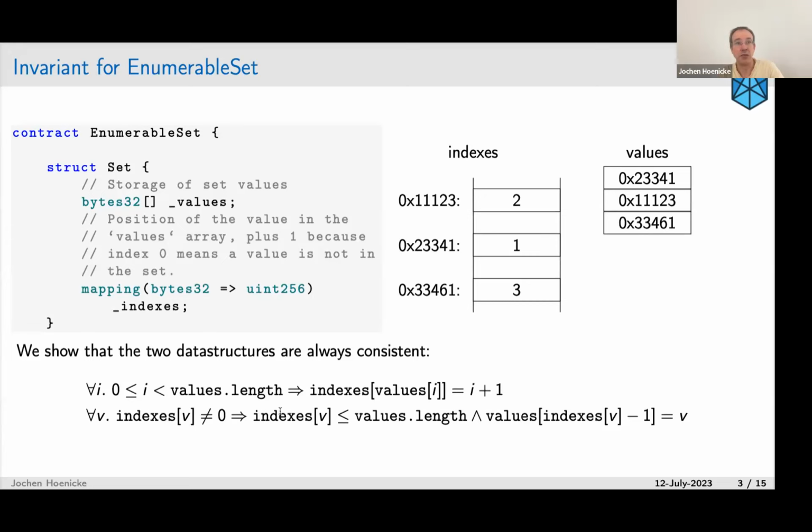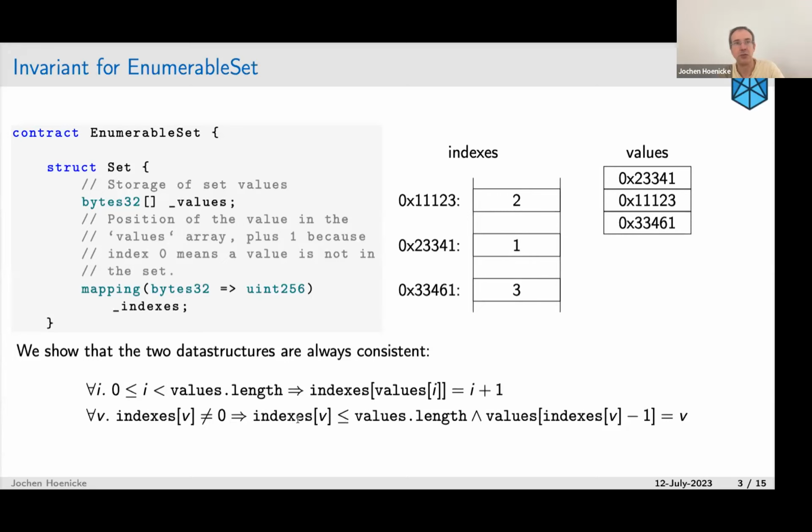And similarly, we have the second invariant that does the reverse direction. So if there is some element in the indexes array that is not 0, for example, this 0x11123, then it should contain a value that is smaller or equal than the length of the array.